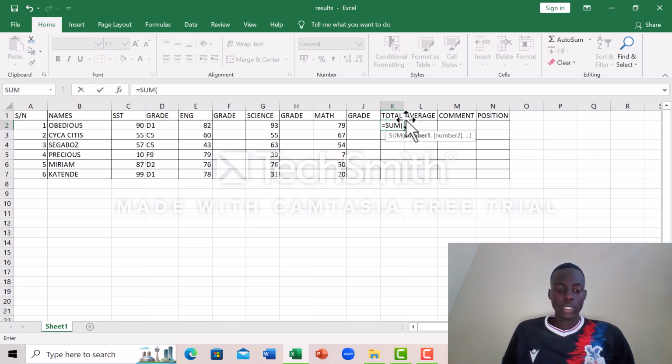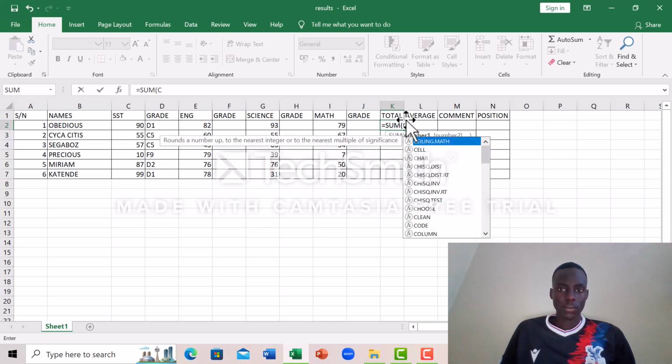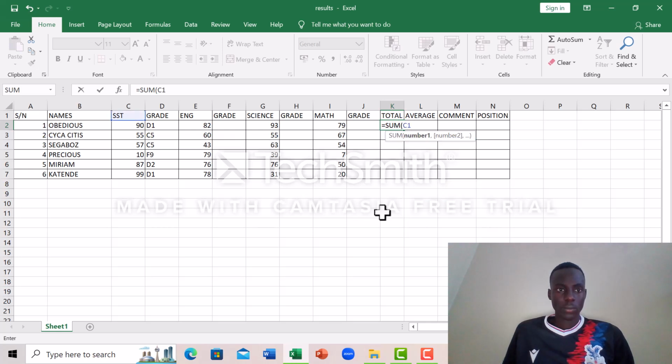We shall use the coordinates, which is C2, then E2. Sorry, it's supposed to be E2, not E1.